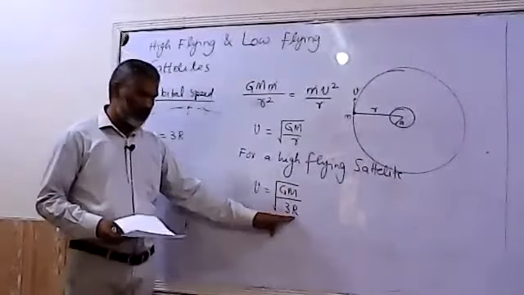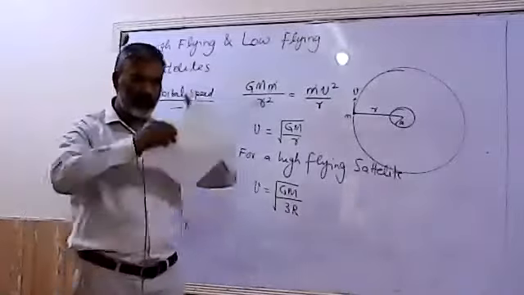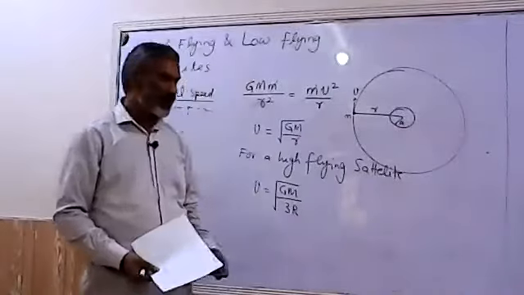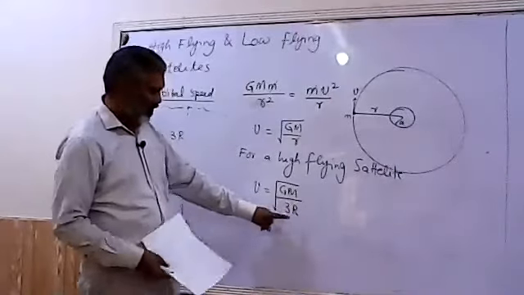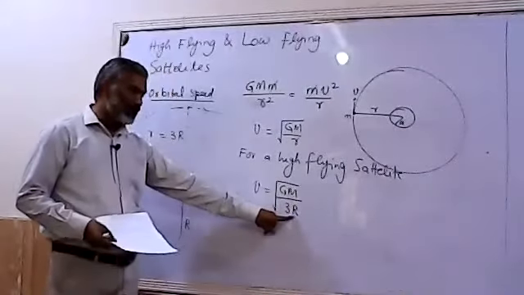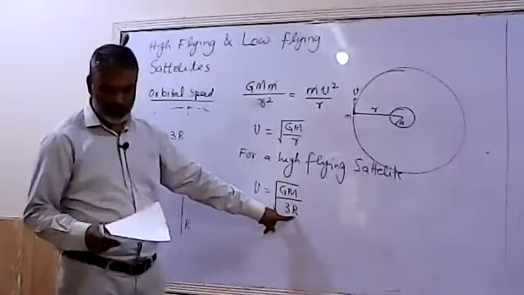And radius of Earth is again a standard value because we assume that Earth is spherical. So radius is always the same value more or less given in the statement of the question, and that is 6,400 kilometer approximately.